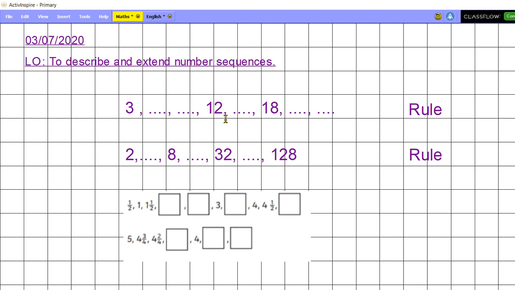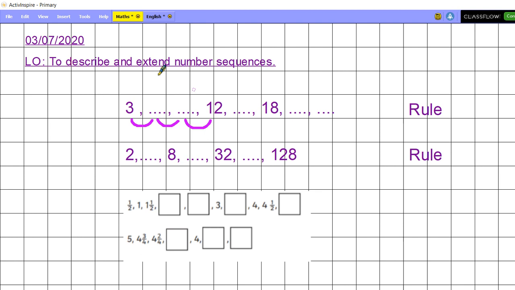So the first sequence you can see, I've got 3, 12, 18. Now this is quite a simple one because we might recognise from the number that we've started with what this actually is. If we don't recognise that though, we can look at the amount of jumps. So 1, 2, 3.